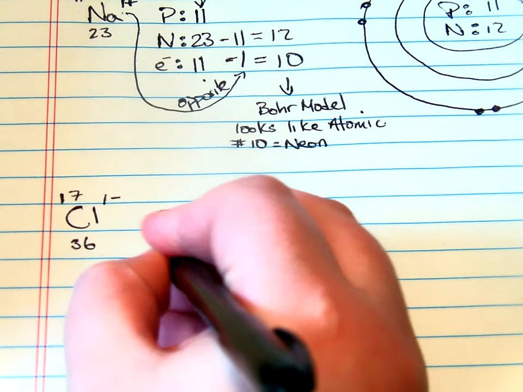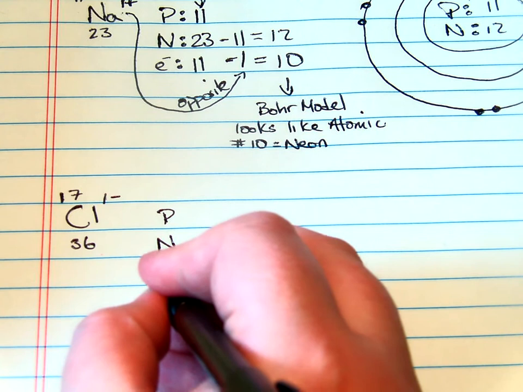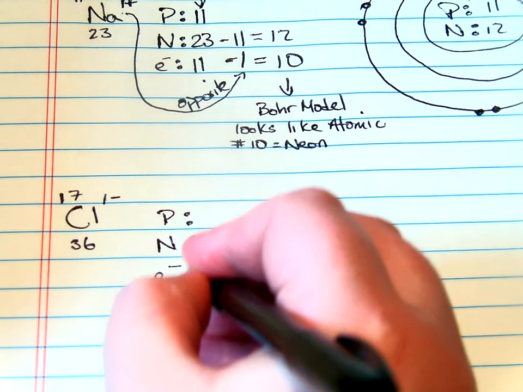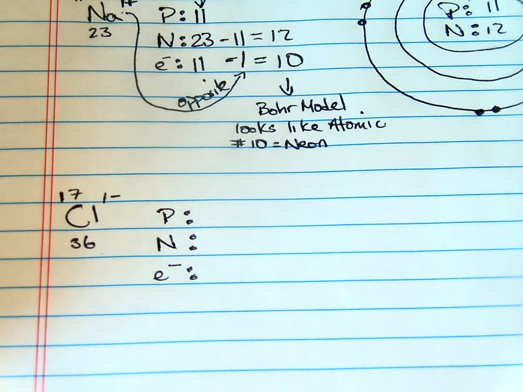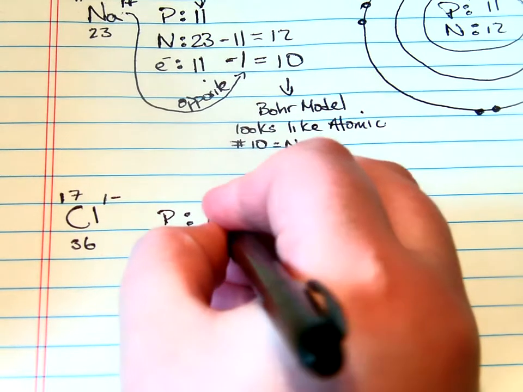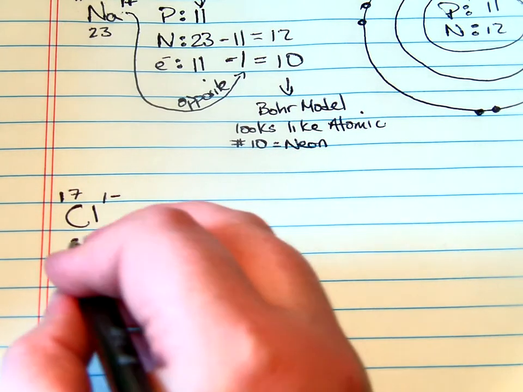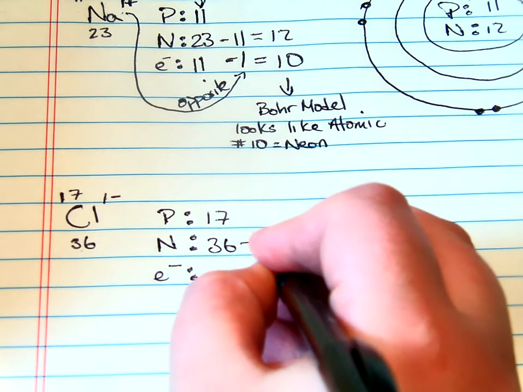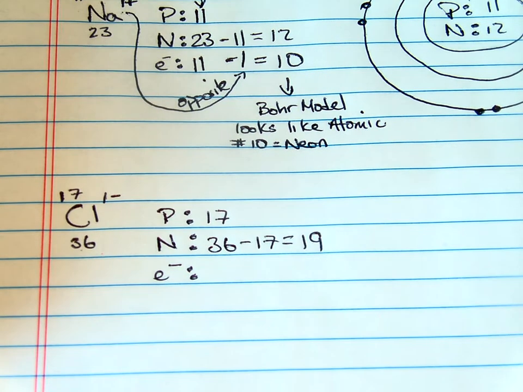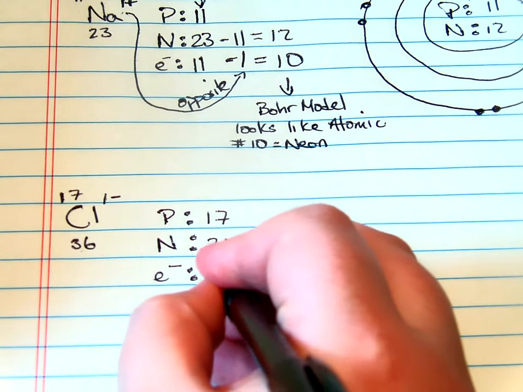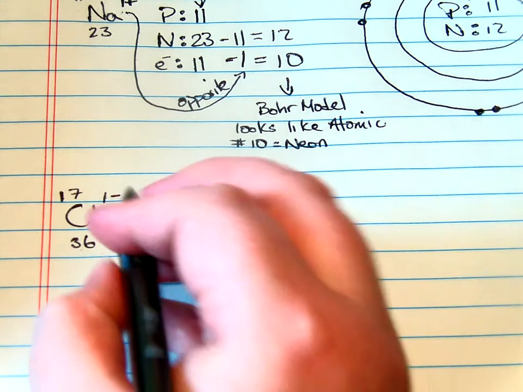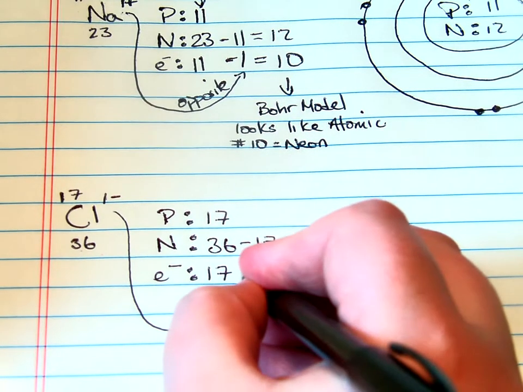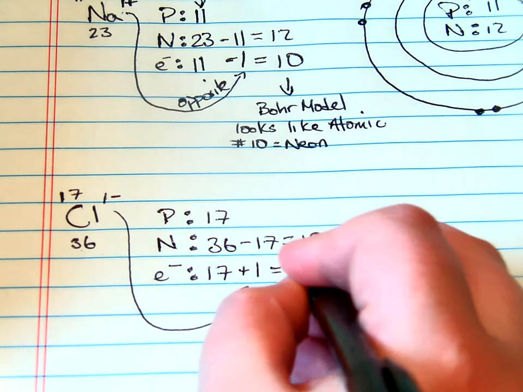So we get protons, neutrons, and electrons. Our proton number is, of course, the same as our atomic number, so that means that we are going to have 17. Neutrons, we take our 36 minus 17, and we get 19. And our electrons, we start with 17, and then we do the opposite of 1 minus, so we add 1, and we get 18.